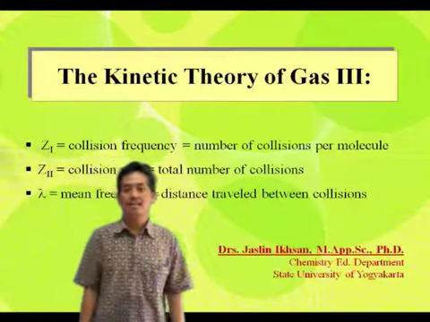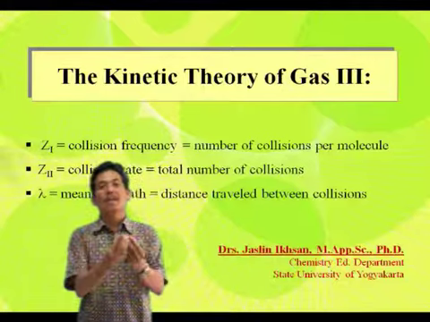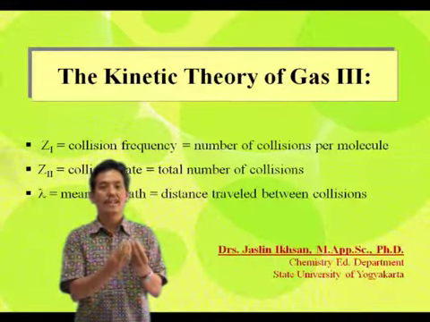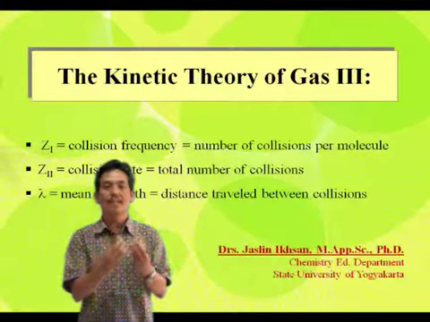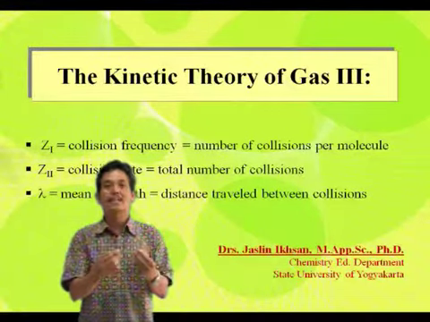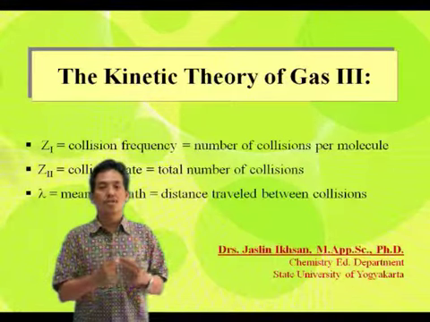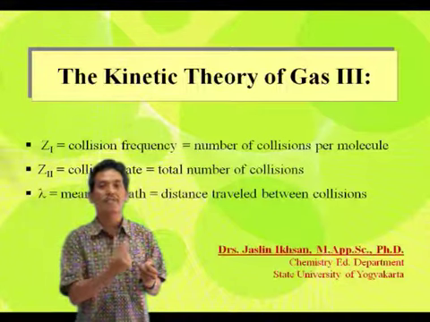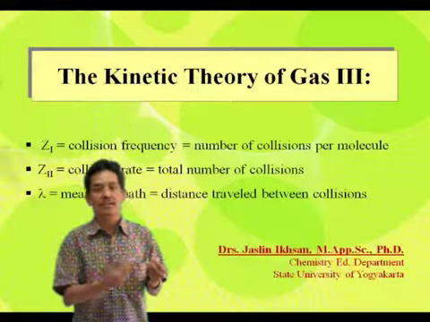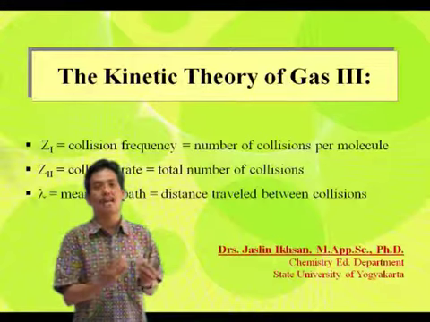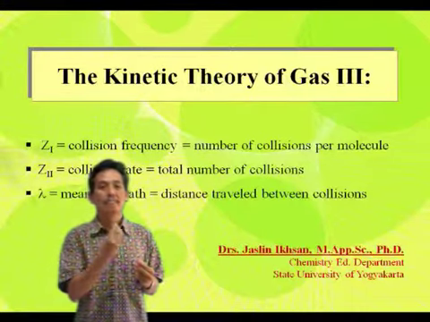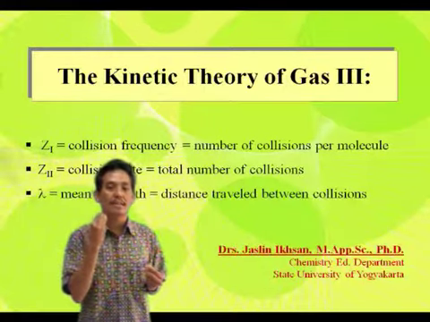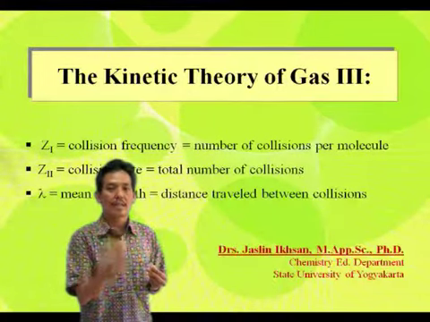Between collisions, the molecule is free from collision, meaning the molecule doesn't have to collide all the time. The distance that they don't collide, we call the free path. Because the distance is not always the same, we say mean free path, meaning the path that the molecule doesn't collide.